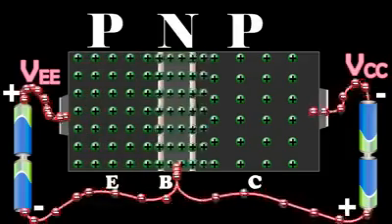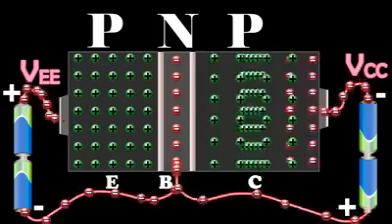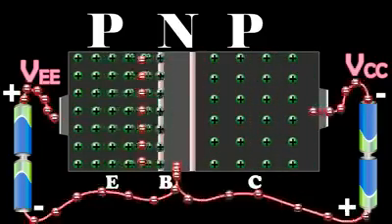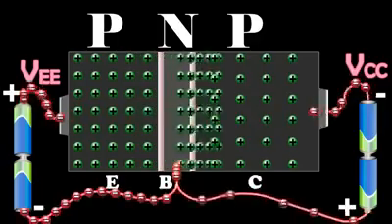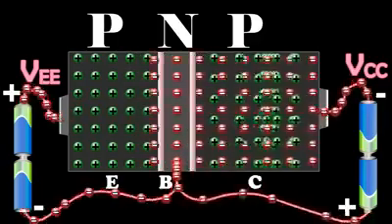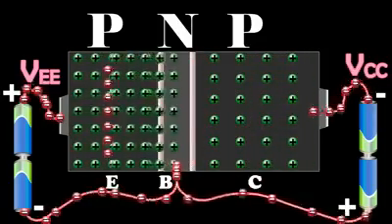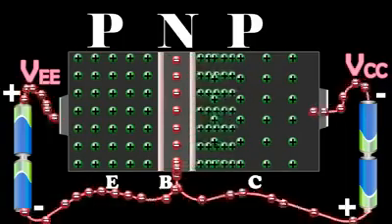The remaining holes which do not undergo recombination in the base reach the collector. These are neutralized by an equal number of electrons flowing from the negative terminal of the battery VCC into the collector. At the same time, an equal number of electrons flow from the negative terminal of VEE and reach the positive terminal of VCC.